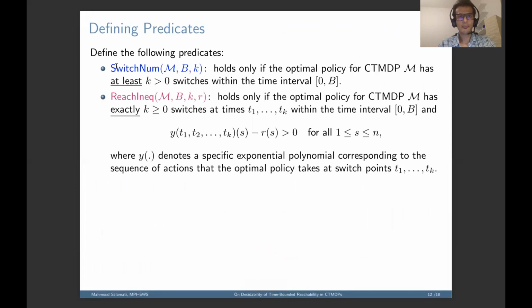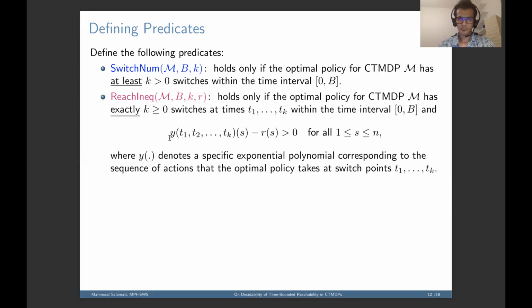The first one holds only if the optimal policy for the given CTMDP has at least k switch points before time b. And the second predicate holds if and only if the optimal policy for the given CTMDP before time b has exactly k switches, and furthermore, this inequality holds.